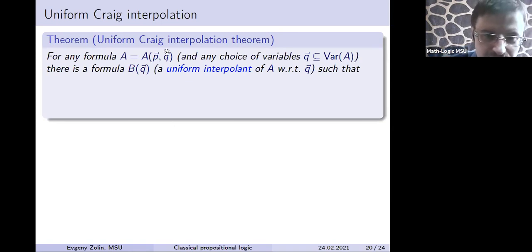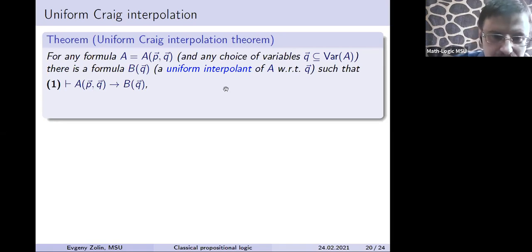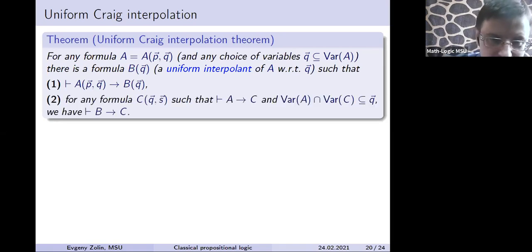So we just take some variables from A, and for them, we build some formula B such that, of course, B should be a consequence of A. And secondly, this B is an interpolant for all formulas C.